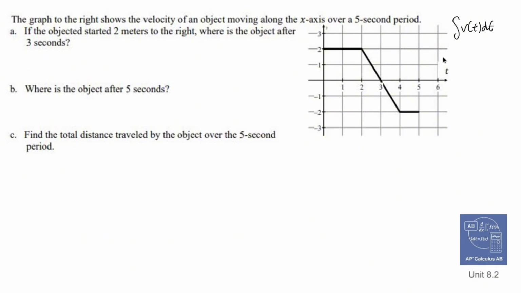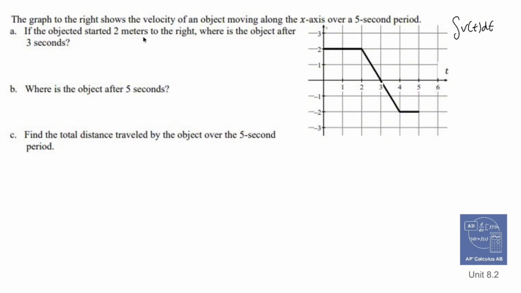I don't have the actual function and I don't feel like finding the piecewise function, so I can use the fact that the integral is just the area under the curve.